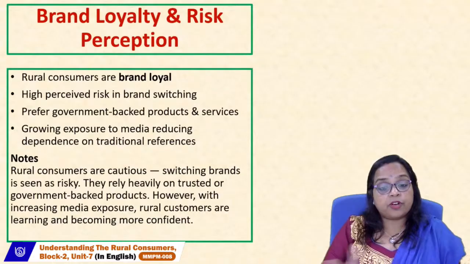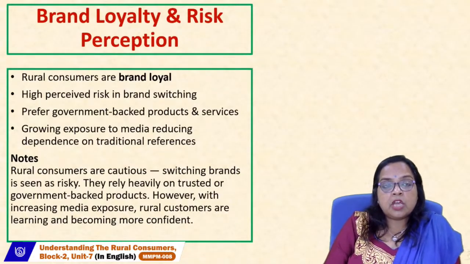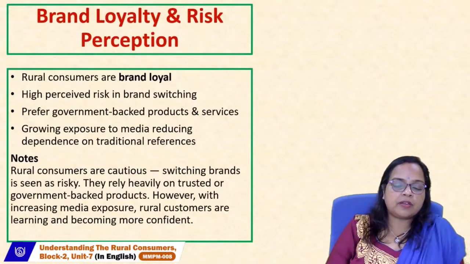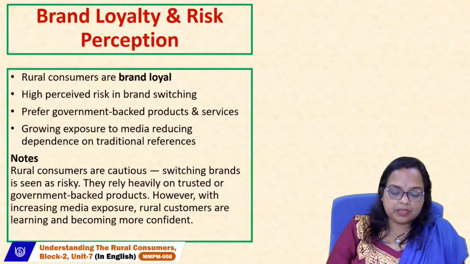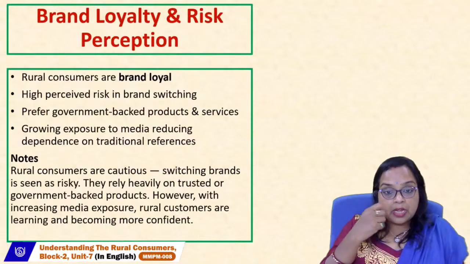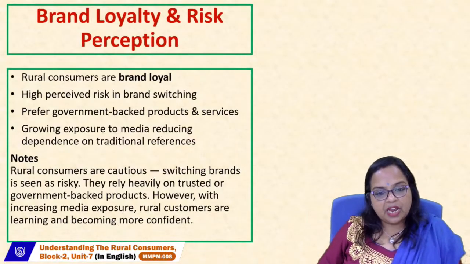For example, toothpaste means Colgate in the rural belt. If you see this for yourself, when they make a monthly grocery list, they write Colgate, not toothpaste. So this is called loyalty towards the brand, and it is prominently seen in rural sectors.